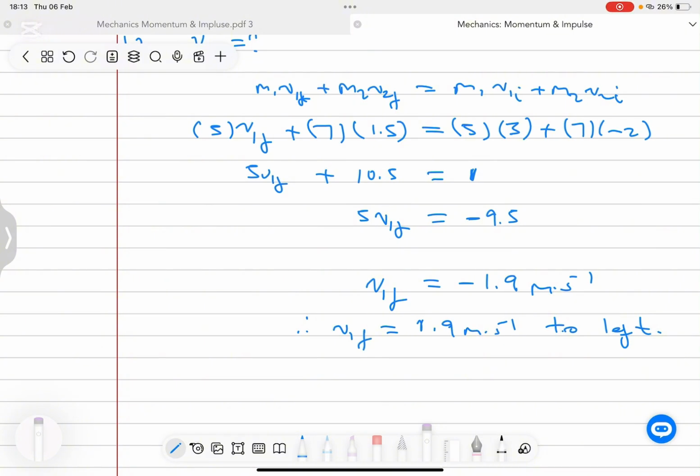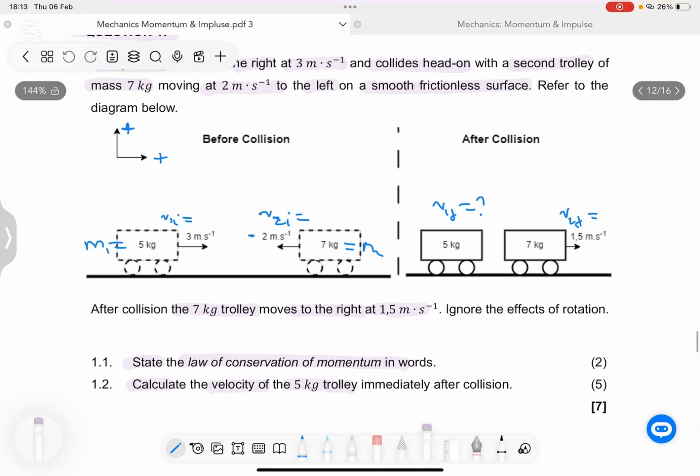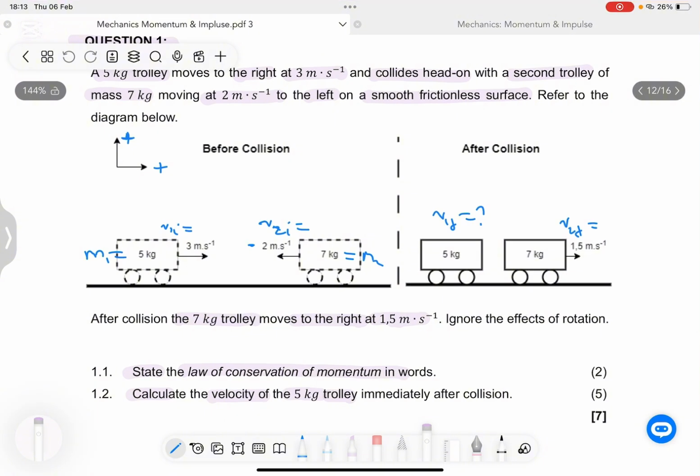The other thing that we have to check could be the direction, to say, does it make sense actually for this object to go to the left? We can look at our diagram again. Yes, it does make sense because if you look at the initial momentum of the first object, it is actually a big number because you have a 7 times a 2, which is like 14, and then here we have 5 times 3, which is a 15.